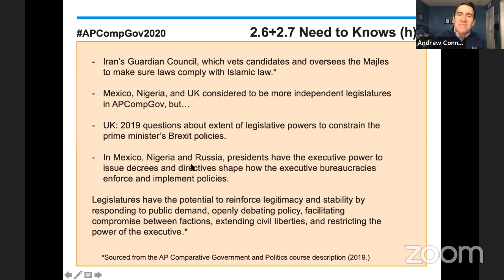We know that Mexico, Nigeria, and Russia all have presidents, and all those presidents have these unique powers to use decrees, or I guess some systems call these executive orders. These are commands or mandates by the president to the executive branch on how laws should be implemented and enforced.